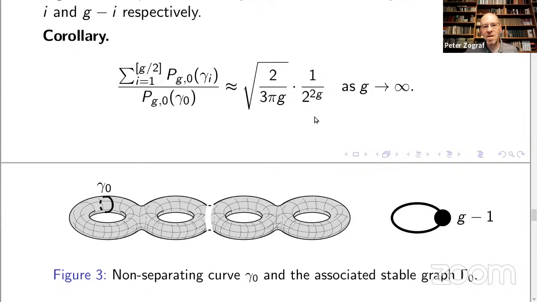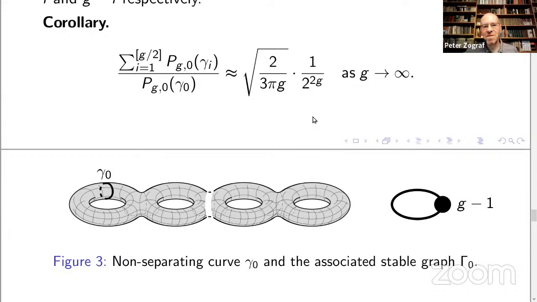So we see that for large g, a random closed geodesic is non-separating exponentially more frequently than separating.